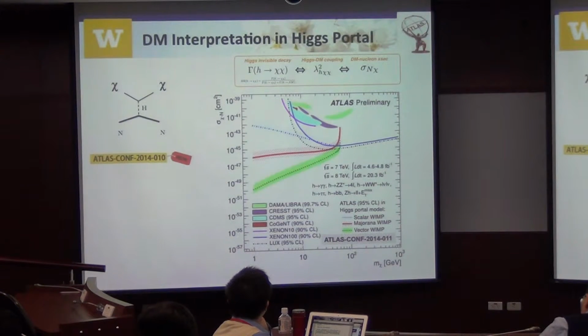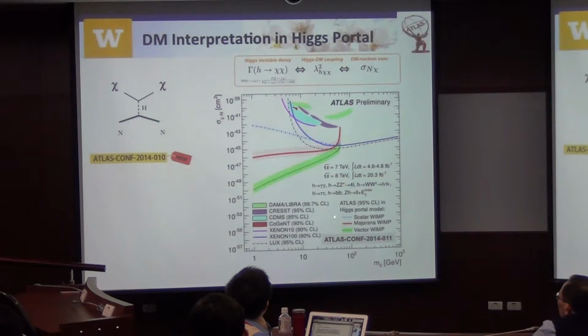Here you see the three curves. These three curves are different assumptions about the nature of the dark matter. You can see that it is cut off at 125 GeV just because it cannot be heavier than the Higgs particle.